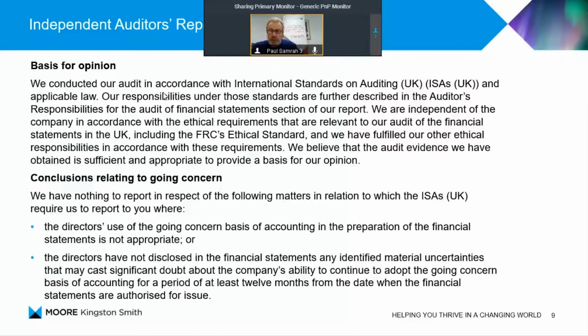So, conclusions relating to going concern, we have nothing to report there. And we believe the company can continue to adopt the going concern basis for a period of at least 12 months from the date when the financial statements are authorised for issue.